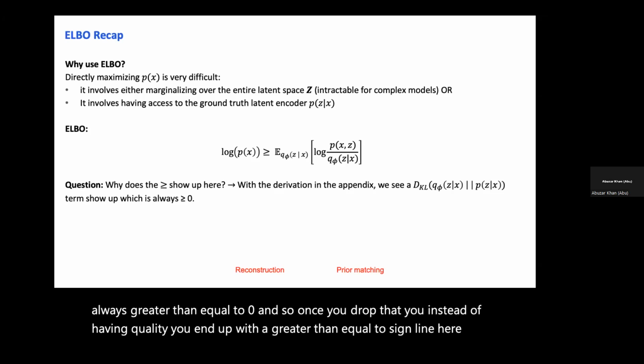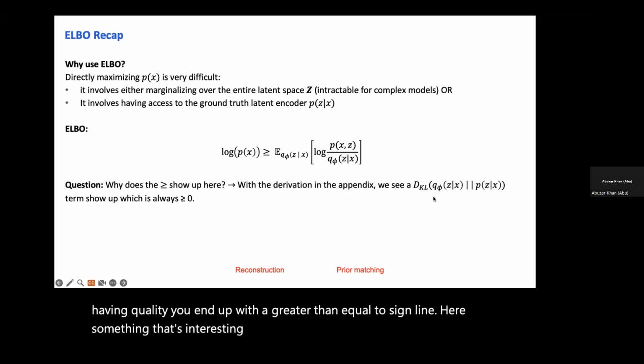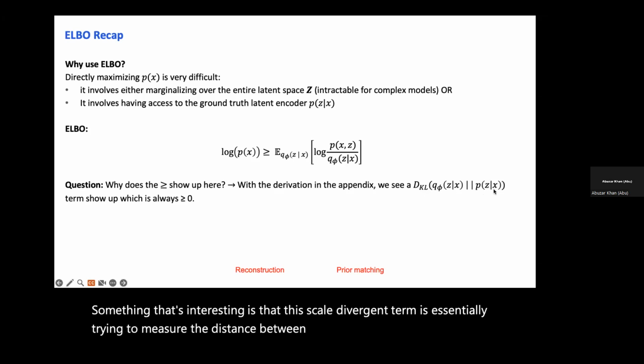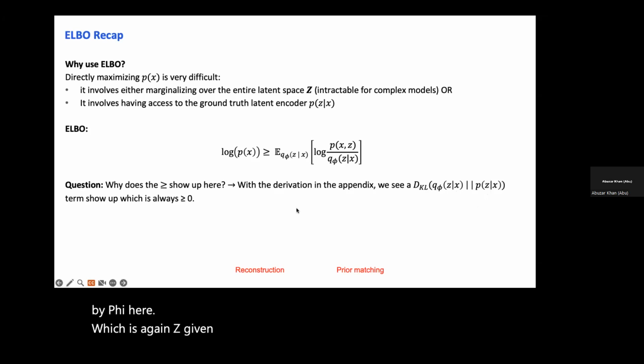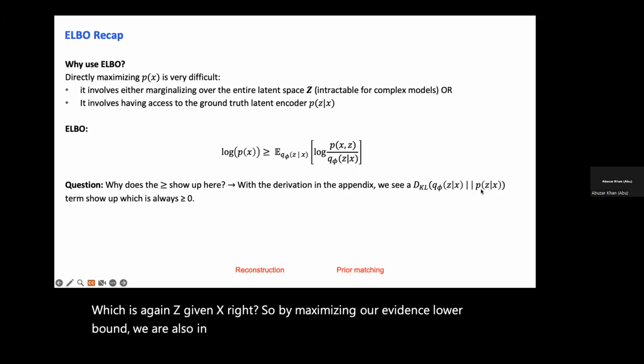Something that's interesting is that this KL divergence term is essentially trying to measure the distance between the true posterior for the latent encodings given our data and our learned encoder, which is parameterized by phi here, which is again q(z|x). So by maximizing our evidence lower bound, we are also in a way reducing this KL divergence and hence bringing the two closer, which is also part of our goal.